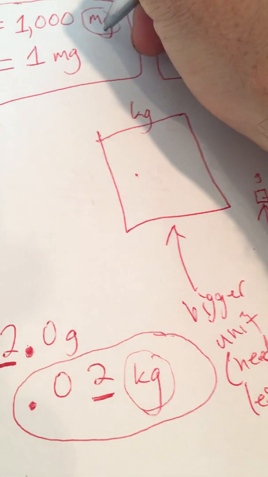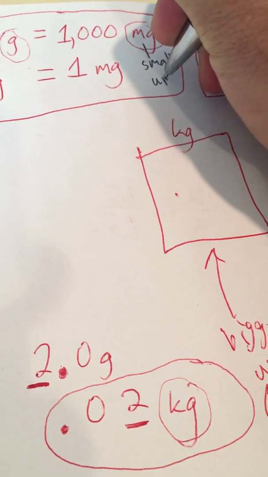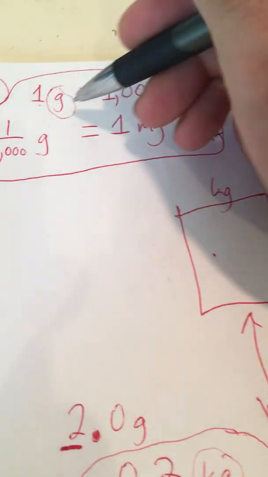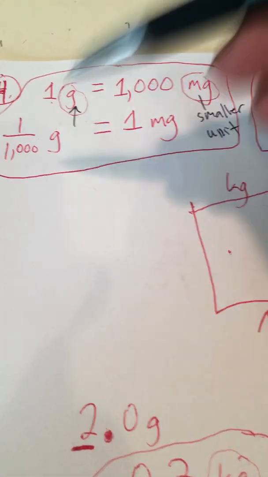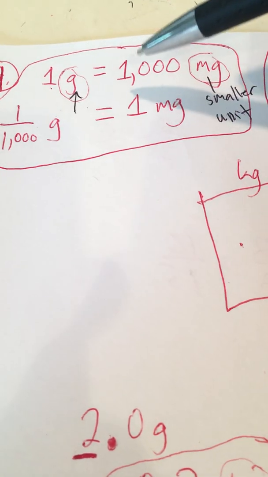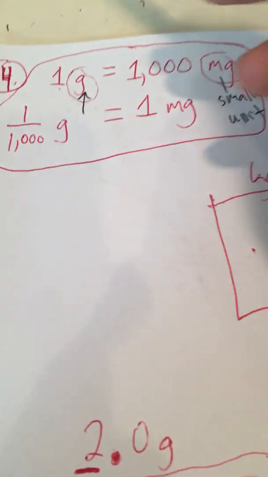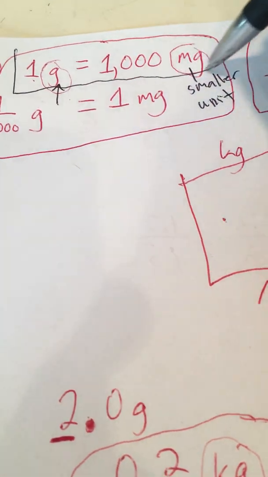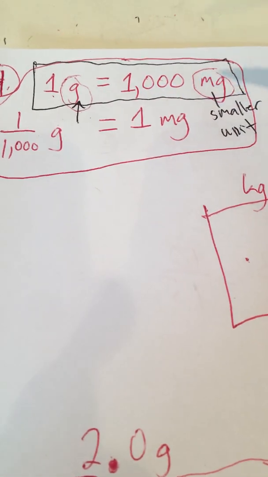So like I said, you're going to need more of them to get to this bigger unit. Or 1/1000th of a gram is 1 milligram, right? You need 1,000 milligrams to get to 1 gram. So 1/1000th of a gram is 1 milligram. That's another way of thinking about it.